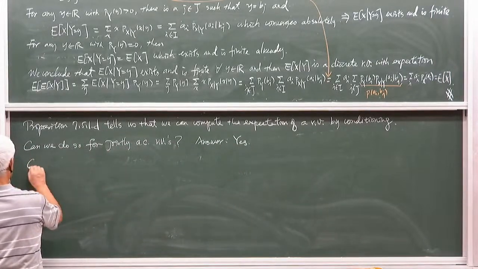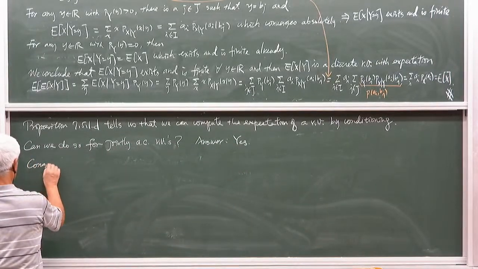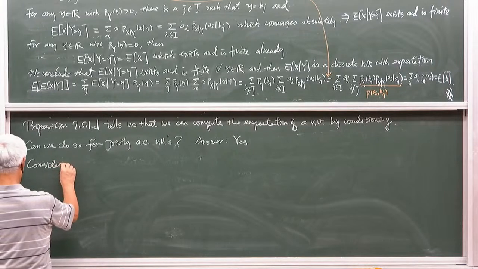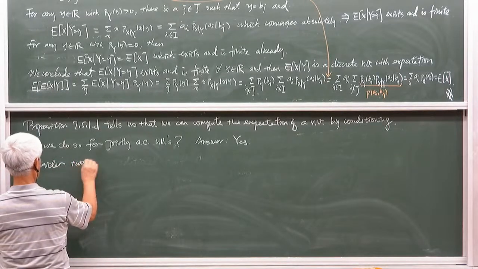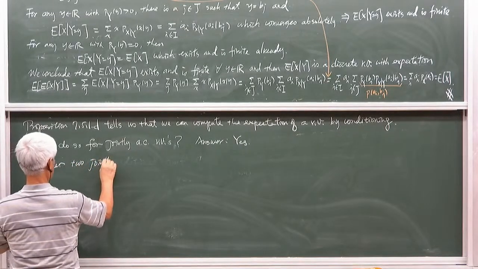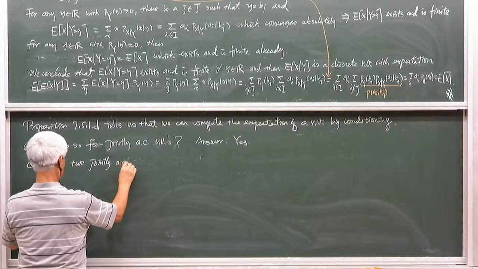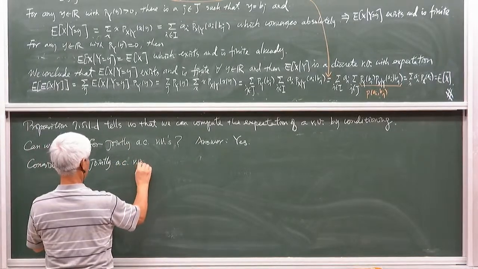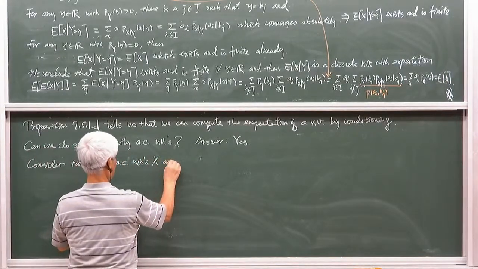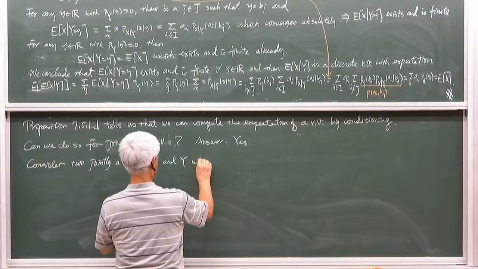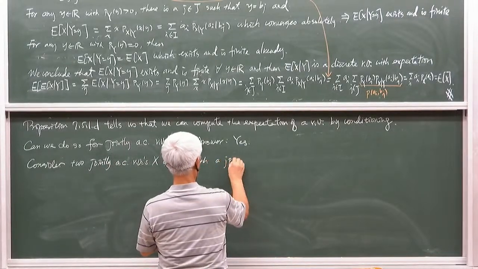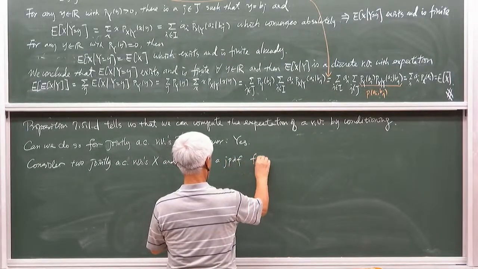So consider two jointly absolutely continuous random variables X and Y with a joint PDF f_XY.